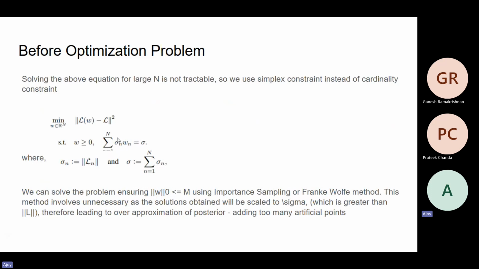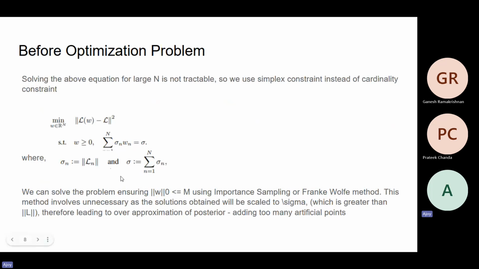This is a simplex constraint, that is, a linear combination constraint, and the paper proposes that if we use this constraint, then there will be overestimation of points and we would be adding too much additional data into the weighted core set.